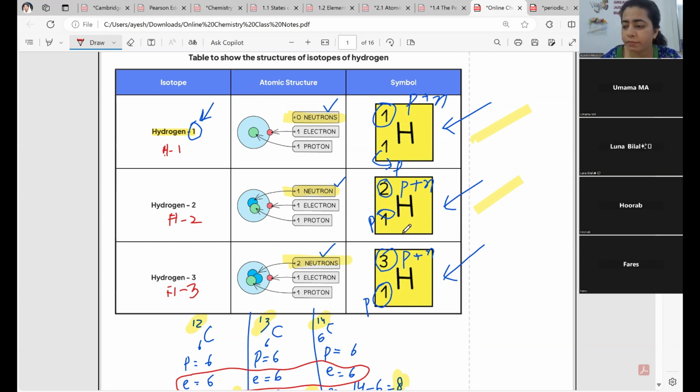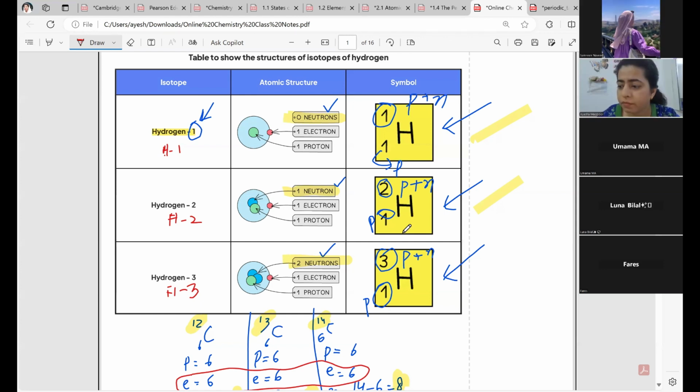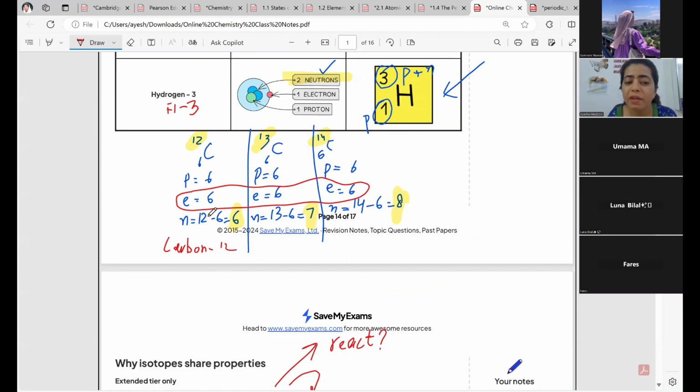In the periodic table they have symbols and do not write the full form. So we can have their simple form as well: hydrogen 1, hydrogen 2, hydrogen 3, with the symbols or with the name. Same for carbon: C12, C13, C14. We can write those as well.